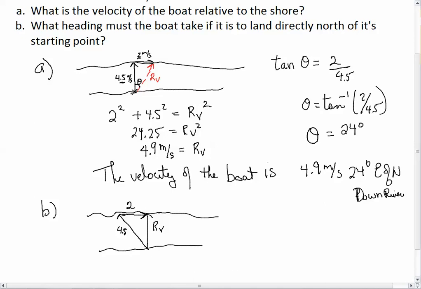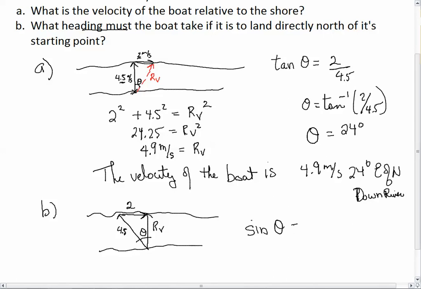And so now we're going to find our heading. We don't need to find the magnitude of this because the question simply asks for the heading. All we're looking for is our angle here. Notice that again we have the opposite of 2, and in this case our hypotenuse is 4.5. So we're going to use the sine function.